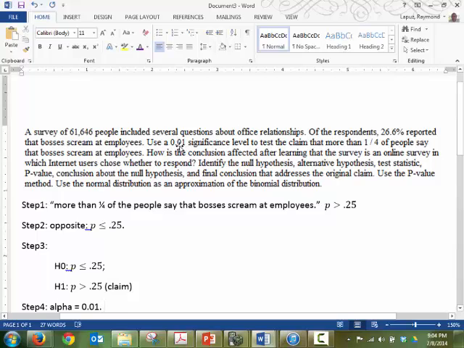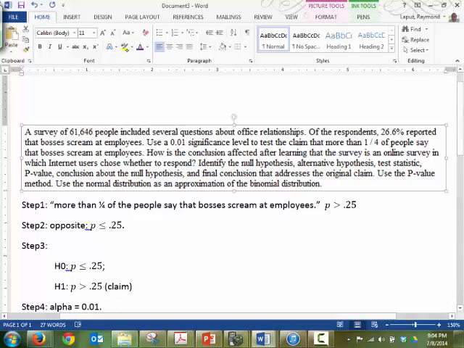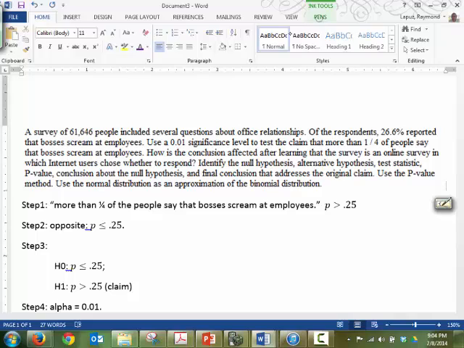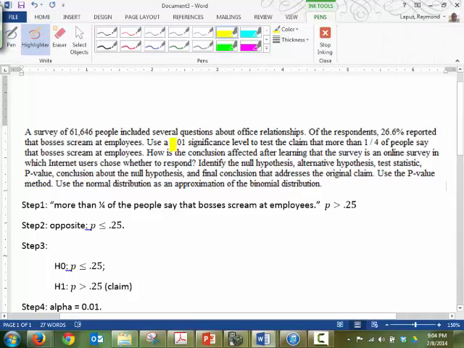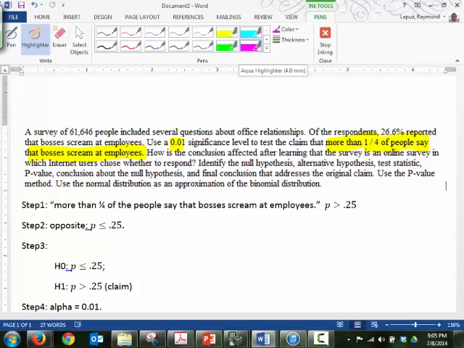Okay? I should do some highlighting here. Let's try this one. So significance level, your claim. And then we'll highlight some of the other values that we need.